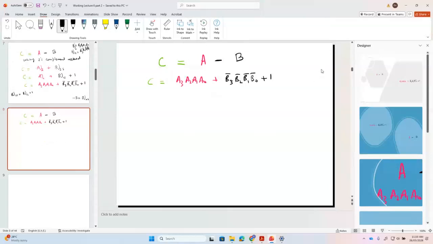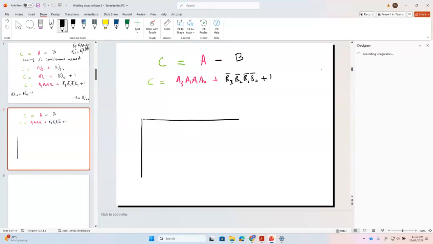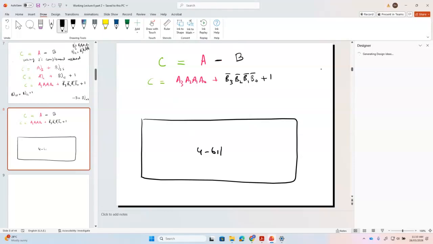Now, if you remember, we have a 4-bit adder. What was the 4-bit adder? It looks like this. The 4-bit adder has inputs x3, x2, x1, and x0, and then y3, y2, y1, and y0, and then we have a C in and a C out.